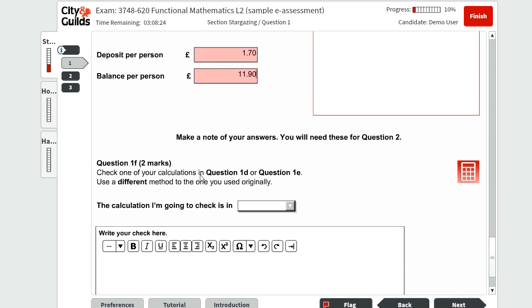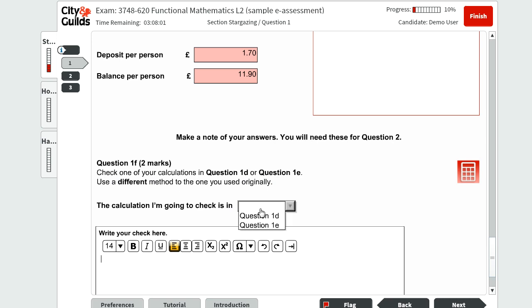Question 1F, we have to check one of the calculations in 1D, 1E. I would advise you to make sure you always show your check of calculation, as you can easily get the 2 marks. And this will definitely come up in the exam. So knowing how to do a check of calculation is important. You have to use a different method to the one you used originally.